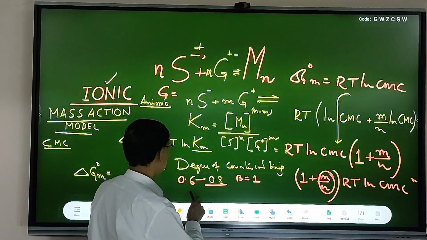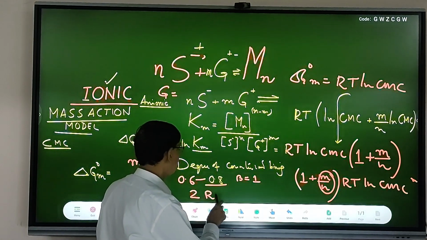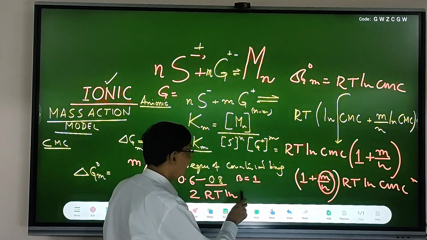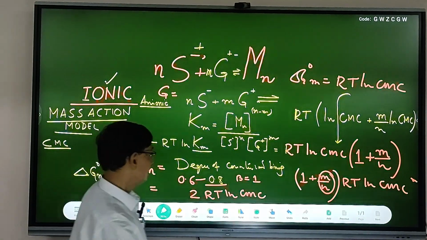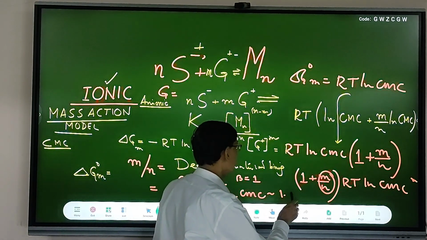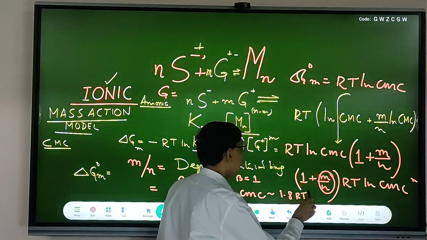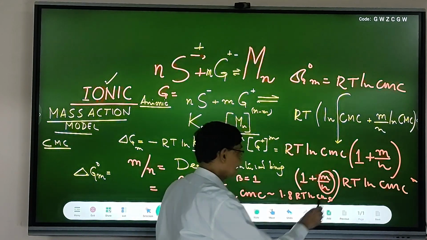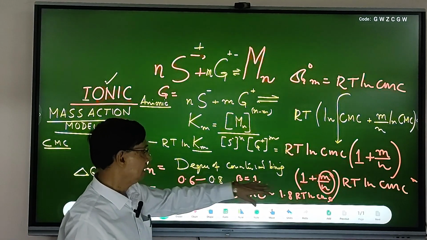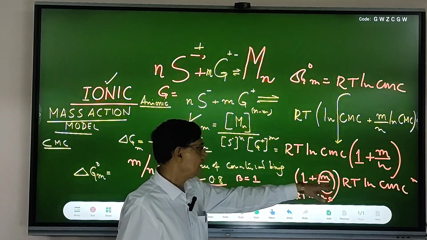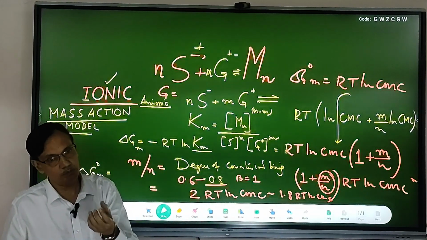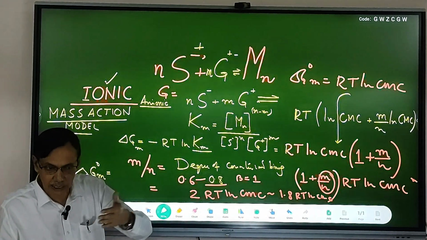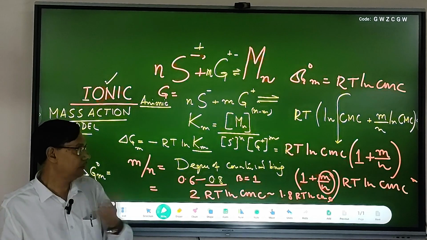So that I can write 2 RT natural log CMC, or sometimes we can write it as 1.8 RT natural log CMC. So what should be our formula? It is 1 plus m by n RT natural log CMC, because the degree of counter ion binding depends upon the type of the surfactant.